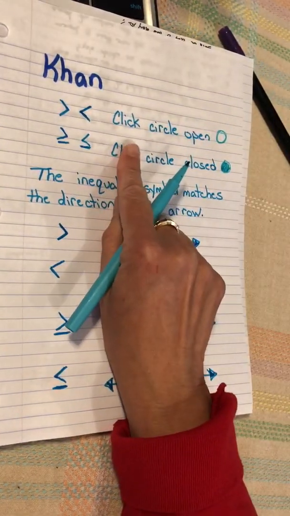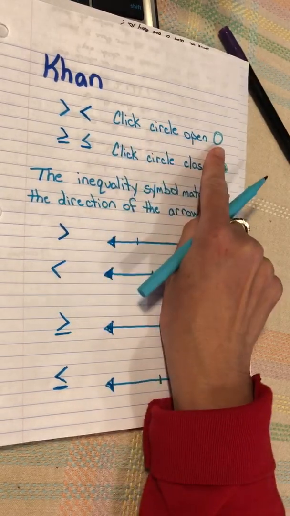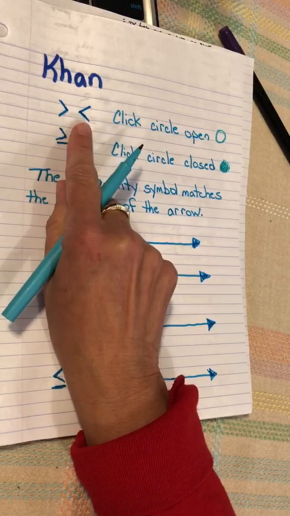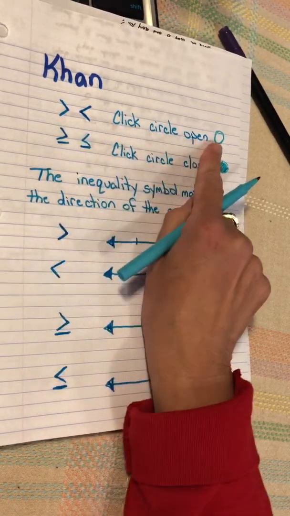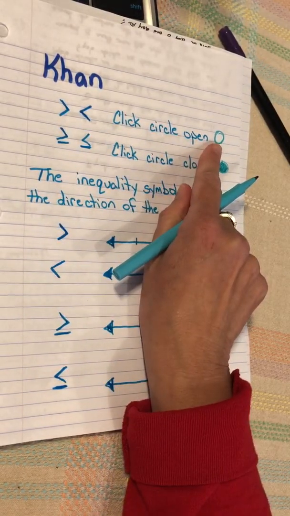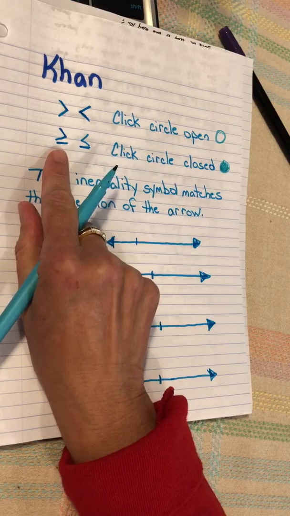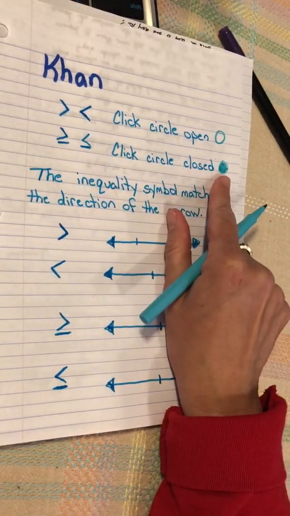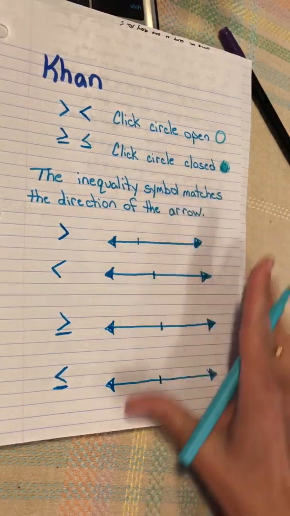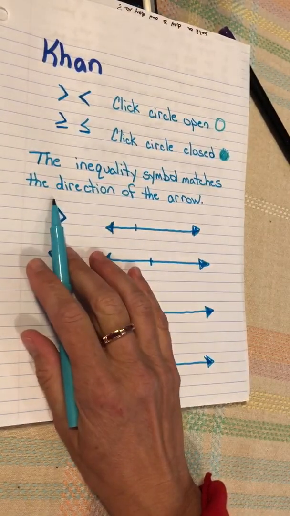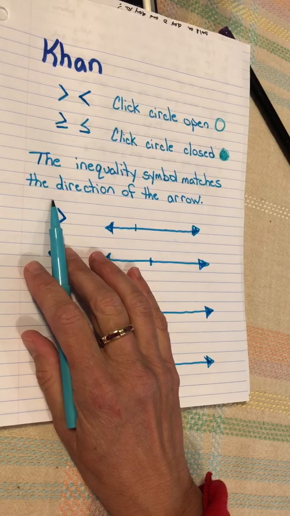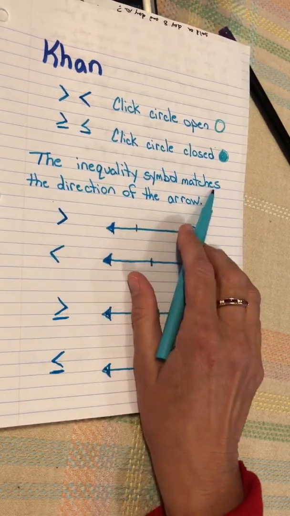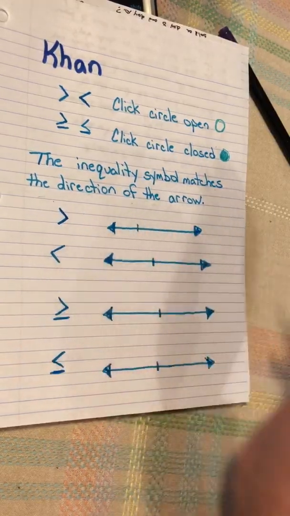You're going to have to click on a button to make it open or closed. Remember, if it's greater than or less than, we want an open circle. If it's greater than or equal or less than or equal, you need to click it so the circle is closed. Then you have to decide which way the arrow is going to go. Remember, the inequality symbol matches the direction of the arrow.